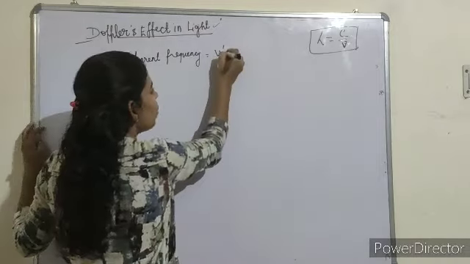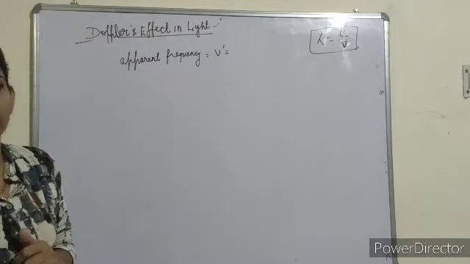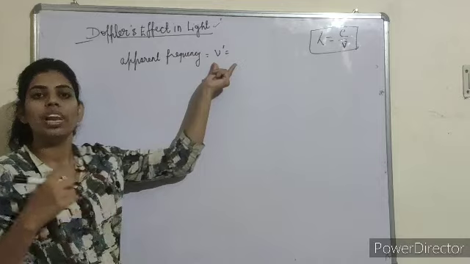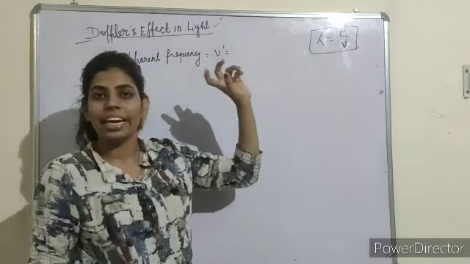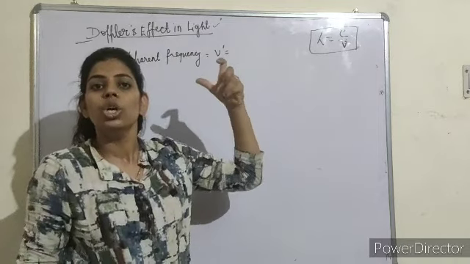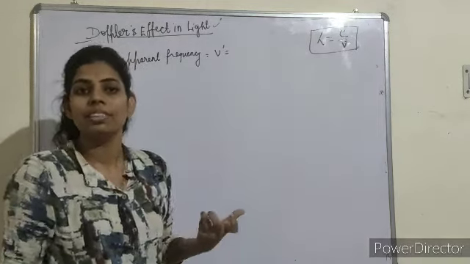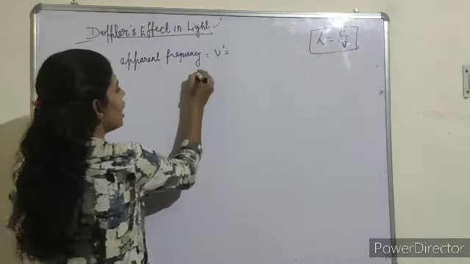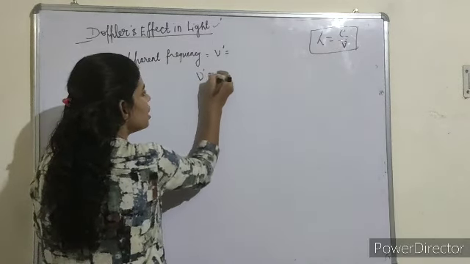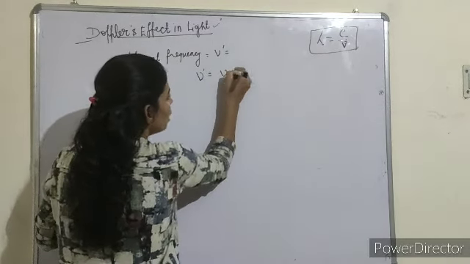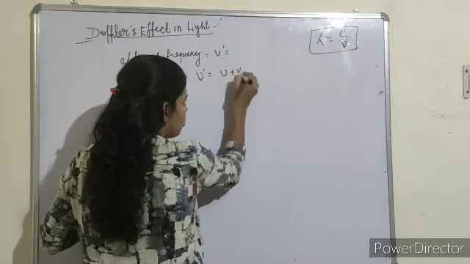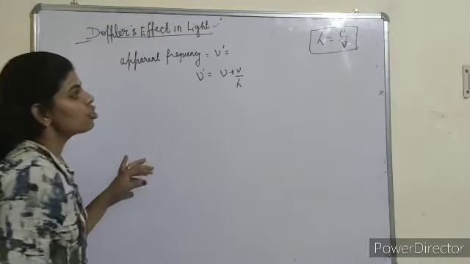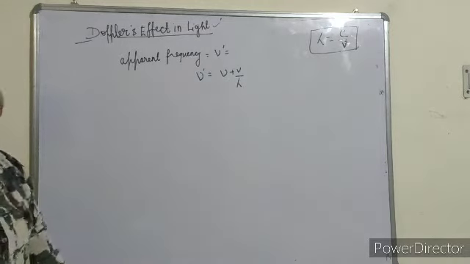and this apparent frequency is given as the number of light waves emitted by the source of light per second, and this can be written as nu plus v by lambda. V is speed of light and lambda is wavelength.